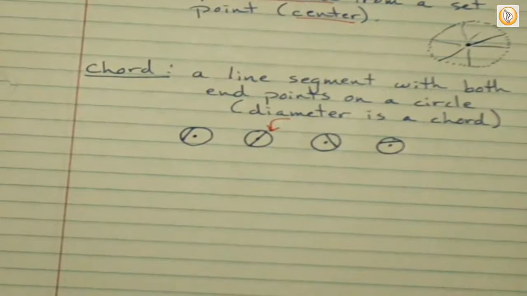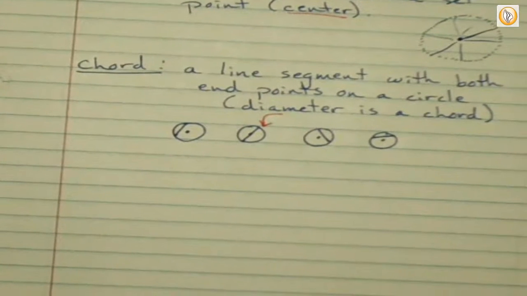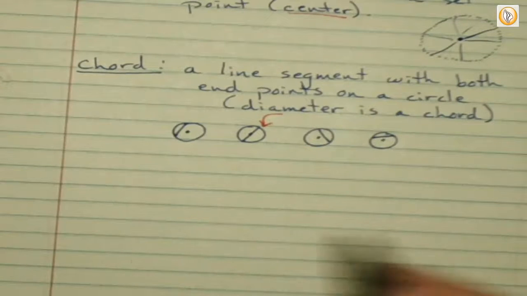So anyway, there's some examples of chords. Chords can go through the center, but they don't have to. Okay? But both ends have to touch the circle itself. Does that make sense? All of these are a chord.